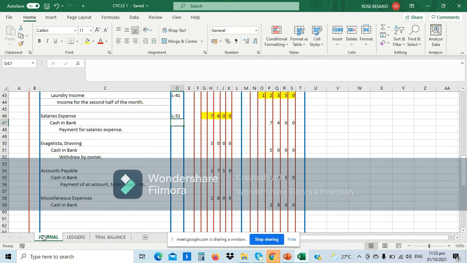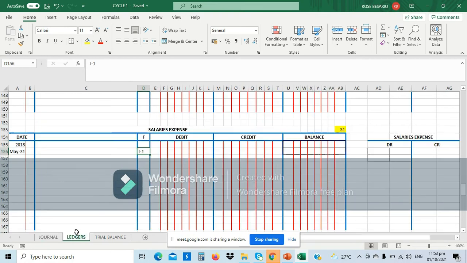So you have 7,400 debit. Extend, 7,400 debit. Okay, and then in your salaries expense T account, it is a debit May 31, 7,400.